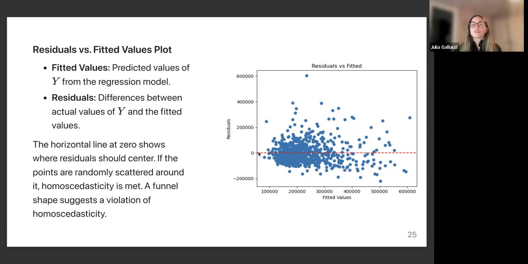If we were to see a funnel shape, for example, where as the house price prediction increased we also got larger or smaller errors, this would indicate a violation of homoscedasticity, and it would suggest that the variability in residuals is not constant. So this is a plot that's often used to assess whether homoscedasticity holds.